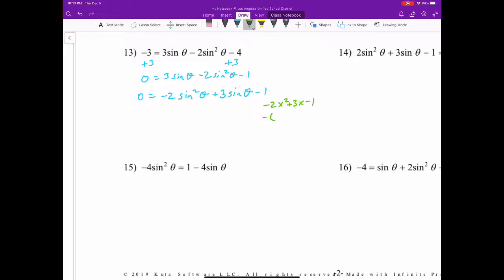So we're going to rewrite this as 2x squared minus 3x plus 1. And the way I factor is I write the possibilities to make the front number 2 times 1 and 1 times 1. Are there any combinations here? When I multiply them over, 1 times 1 and 2 times 1, does that add up to the 3 in the middle? It sure does. 2 plus 1 is 3.